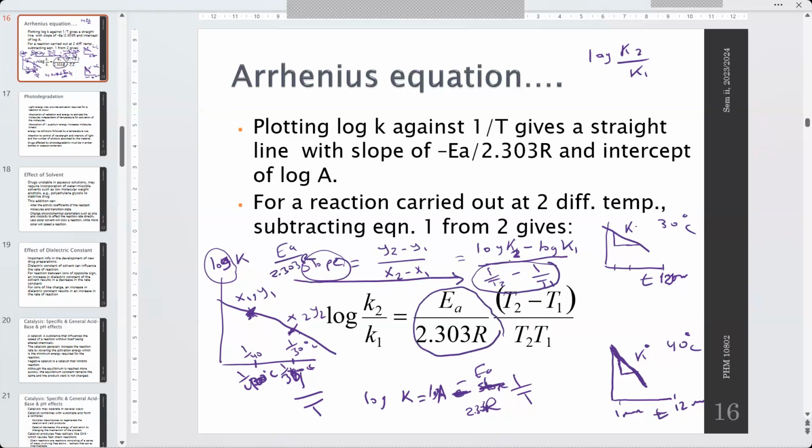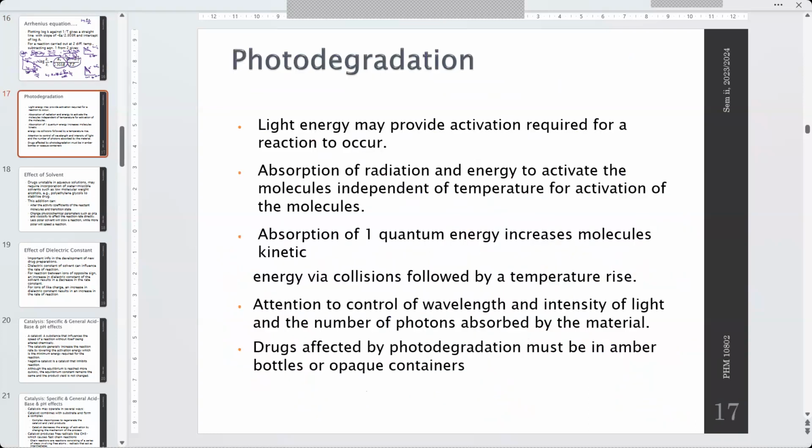This one, if you want to form it, should give you T2 minus T1 divided by T2 times T1. This is equal to this actually. This and this are equal values. Okay? This is where the equation came from. So this is from the slope equation.